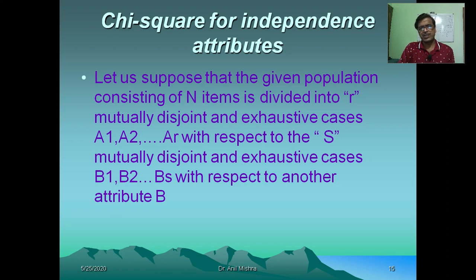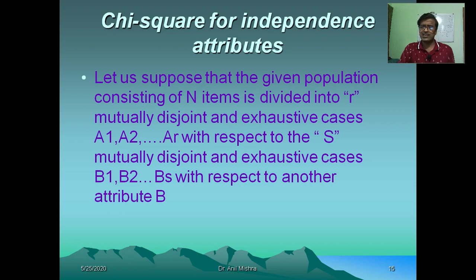You may be cured by consuming the medicine, or you may be cured without consuming it. Now the question arises: is there any association between consuming the medicine and curing the disease? That is what we are going to calculate. That is the term called independence of attributes, whether they are dependent or independent of each other.